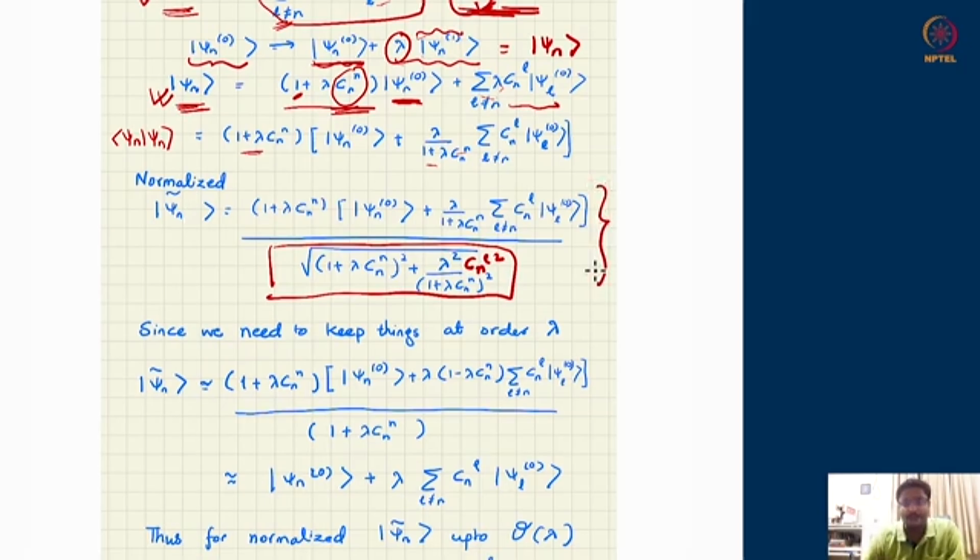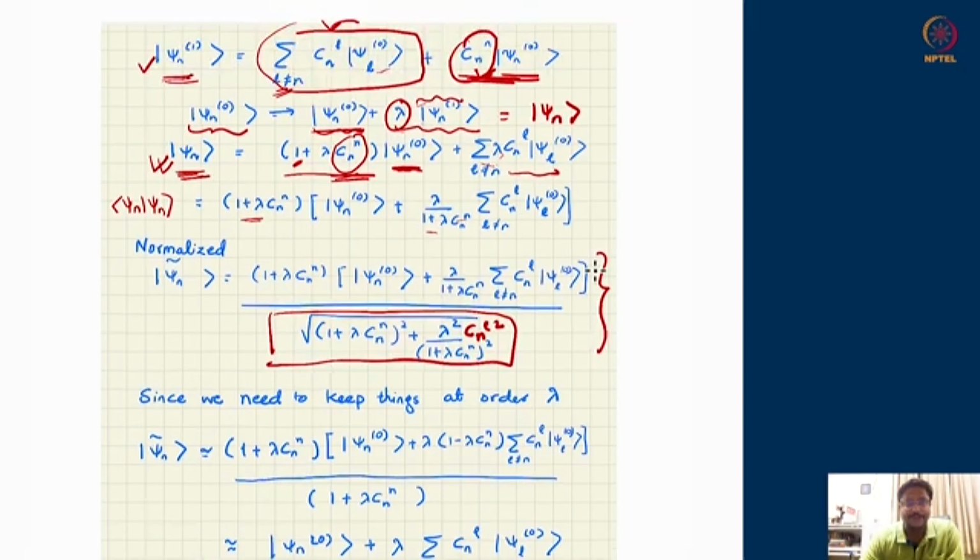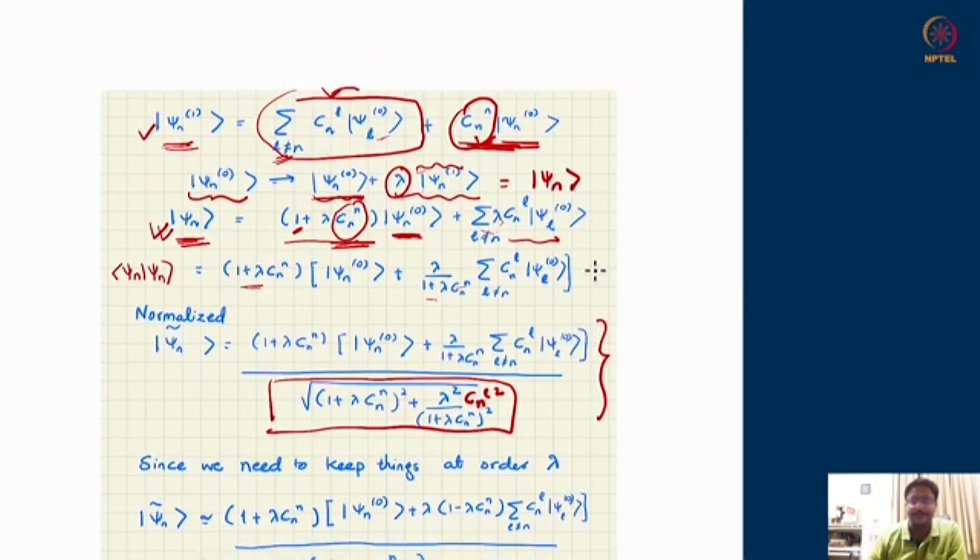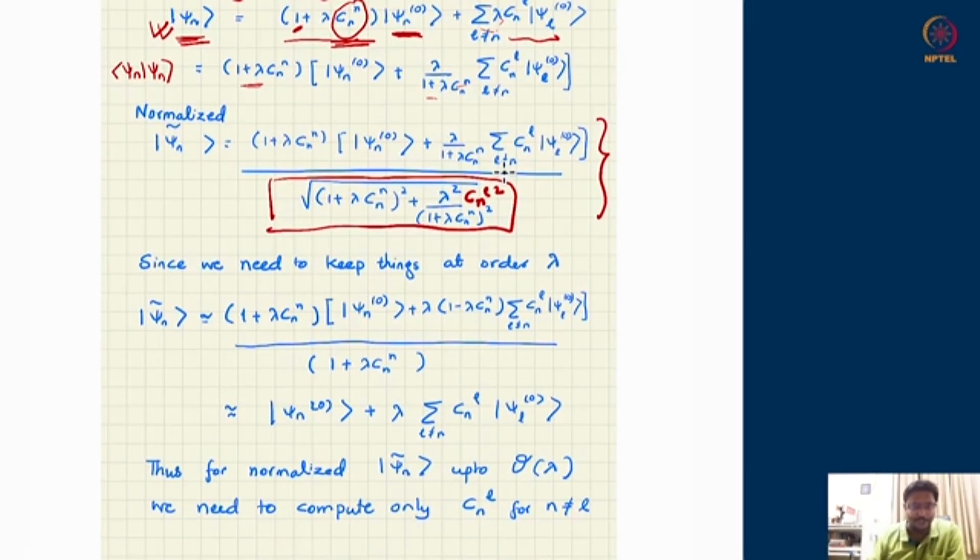But we knew that this expression cannot be trusted more than order lambda, because our story started with correction up to order lambda. If I want to include things up to order lambda square or higher powers, I should have started the story with higher powers of lambda as well. So this expression has to be corrected only up to order lambda.